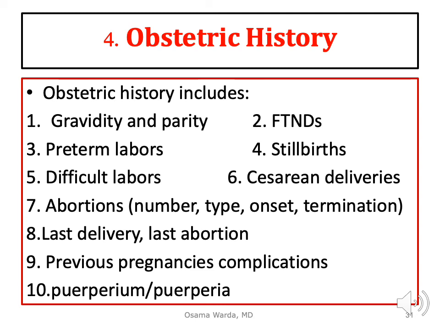Last delivery date should be asked for, and last abortion date. We ask for previous pregnancy complications, especially those which tend to be recurrent, such as preeclampsia, Rh isoimmunization, and so on.